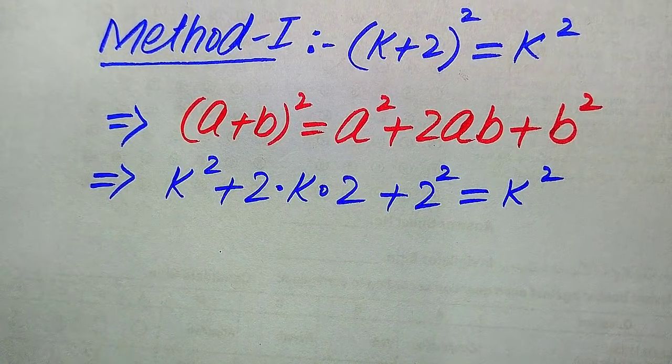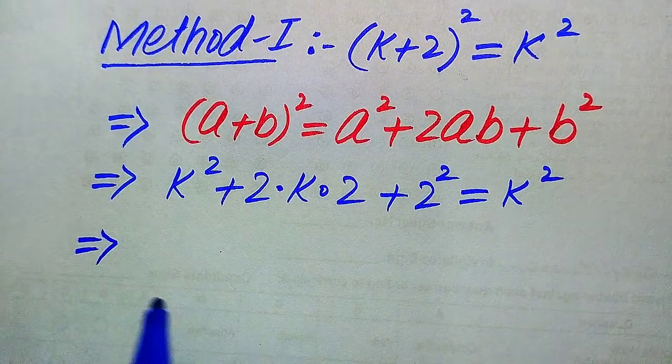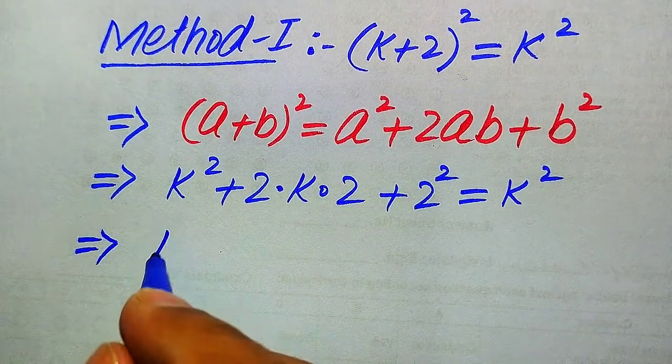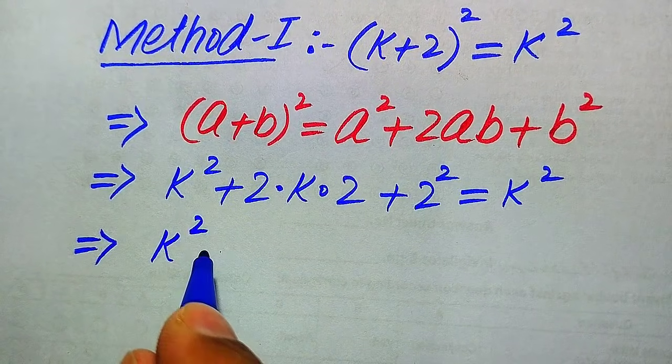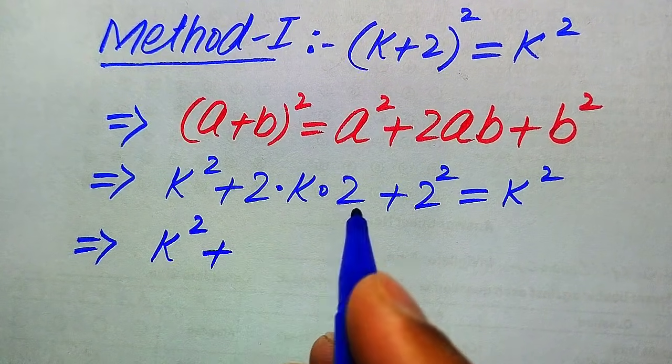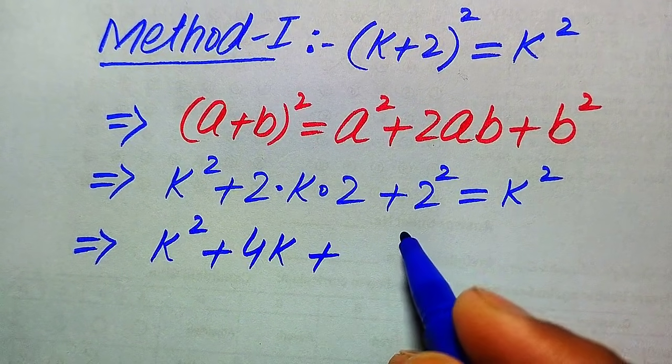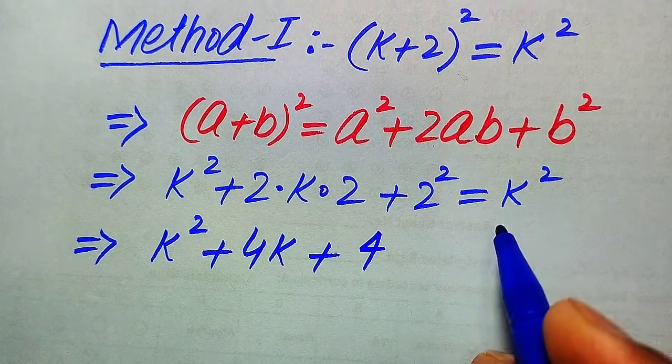Further, in the next step we need more simplification. We move this k² from the right hand side to the left hand side, and it will be written as k² + 4k + 4 − k² = 0.